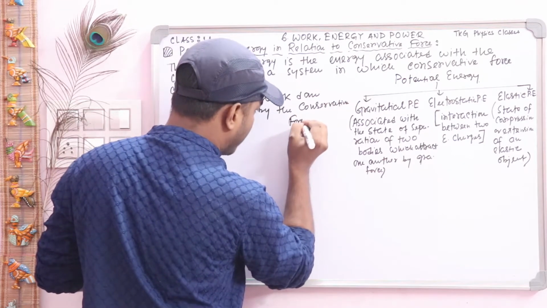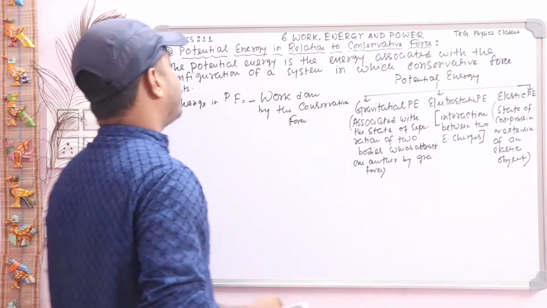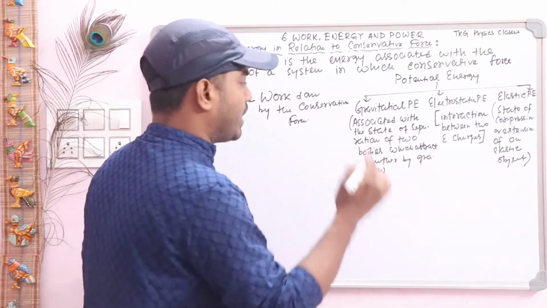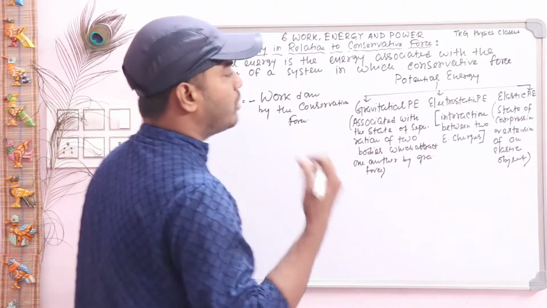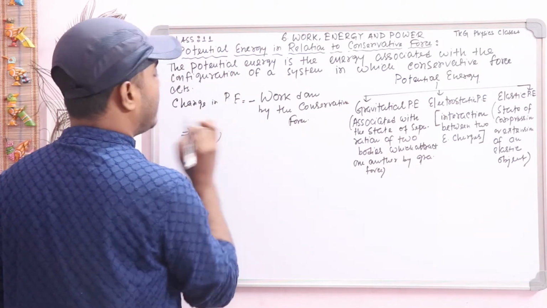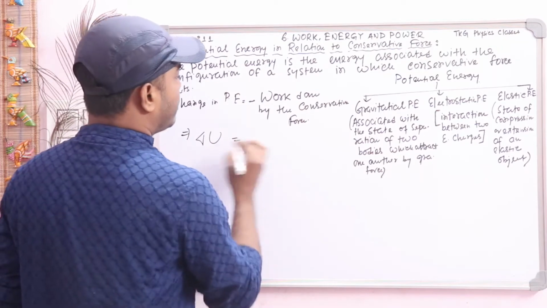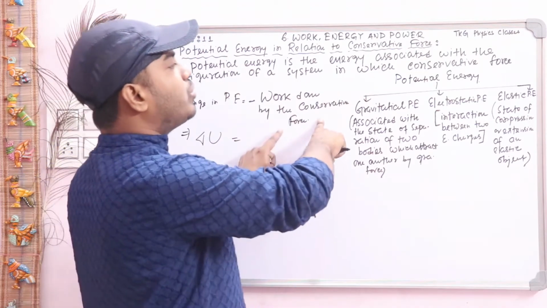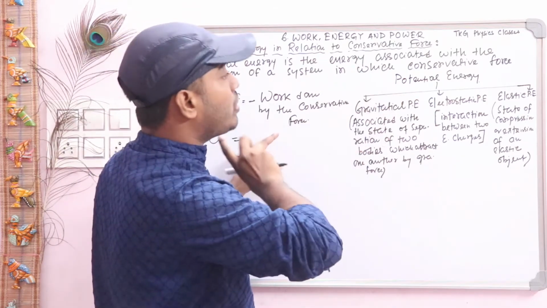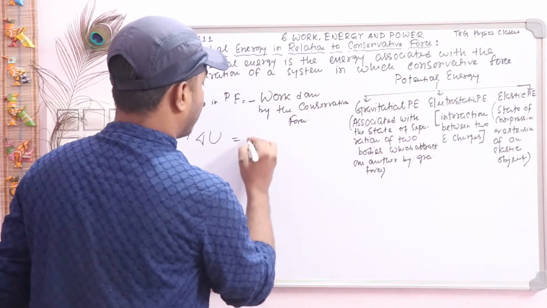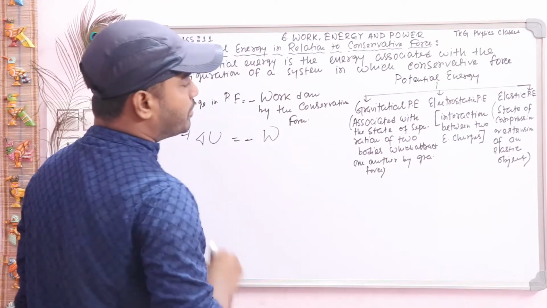This is the actual definition of change in potential energy. Change in potential energy is represented by del U, that is equal to the negative of work done, and this work is done with the help of which force? Not non-conservative, conservative force. So write minus of W.